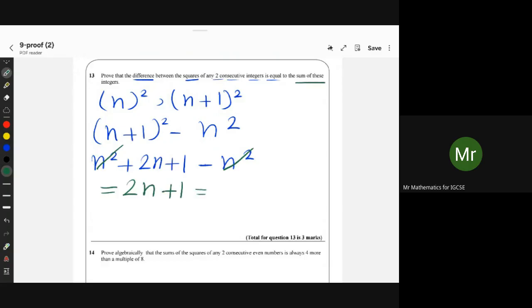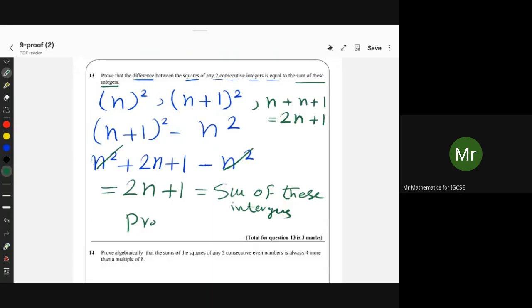Here is the sum of their integers. What is the sum of their integers? n plus n plus 1, which is 2n plus 1. So proved. Okay. So when he says difference, take away the small from the large. Don't forget, take away the small from the large.